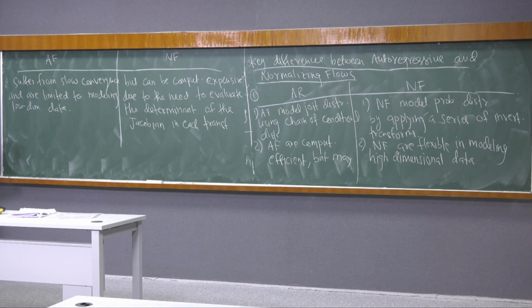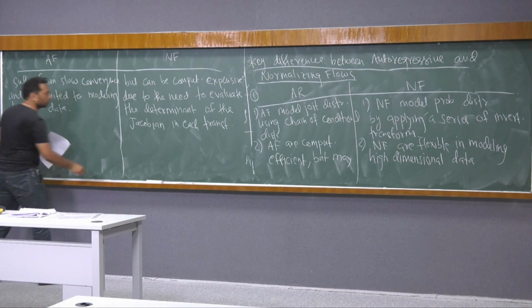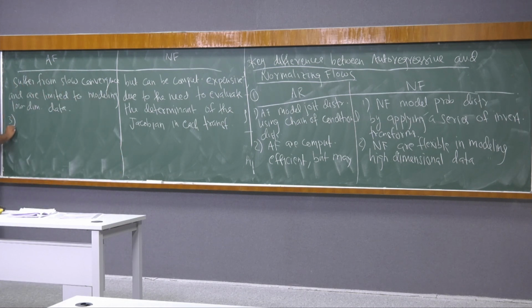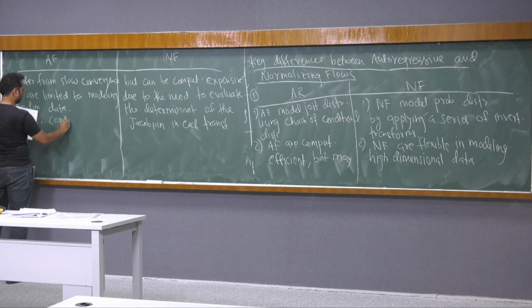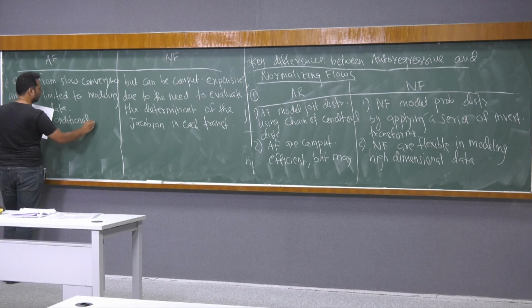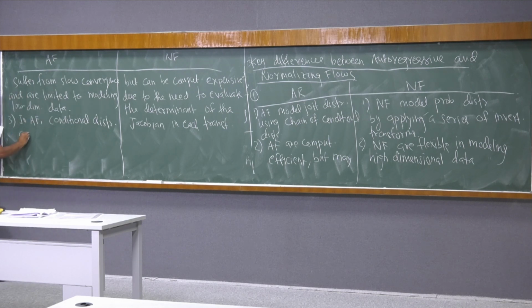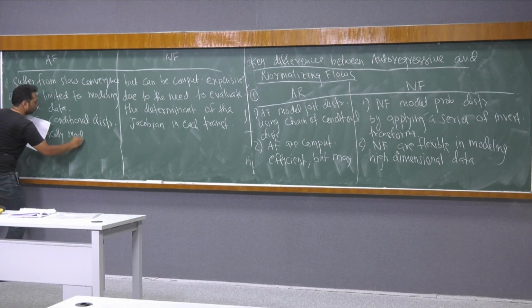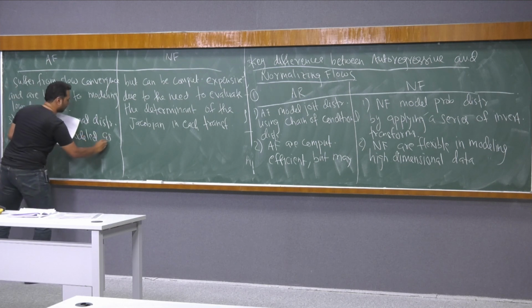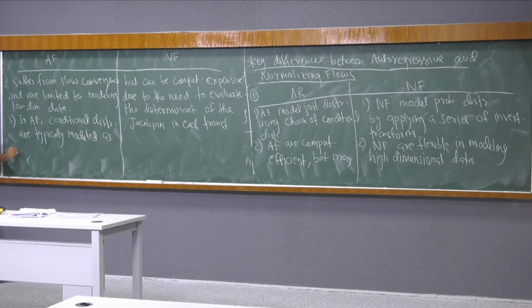Okay, and the last point is, in autoregressive flows the conditional distributions are typically modeled as Gaussian or discrete distributions.